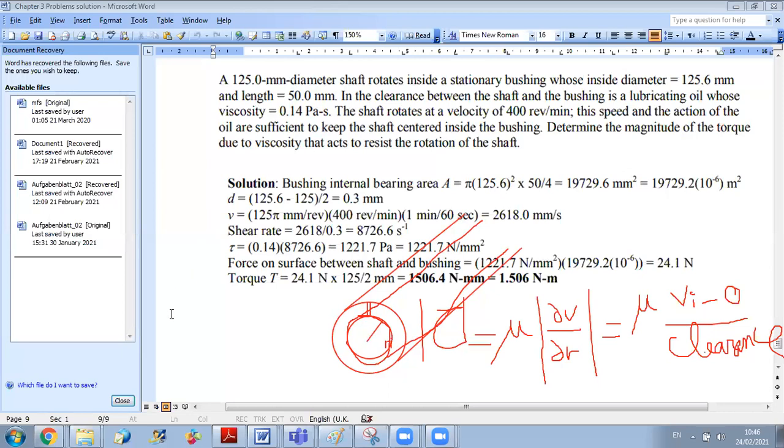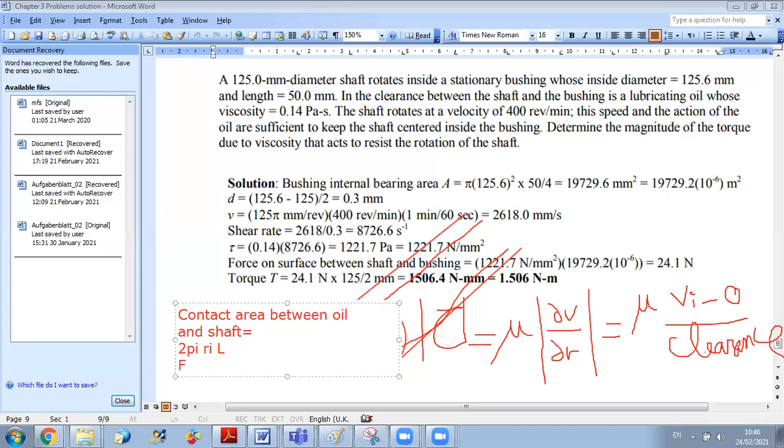So the contact area between oil and shaft is equal to 2 pi r inner times L.